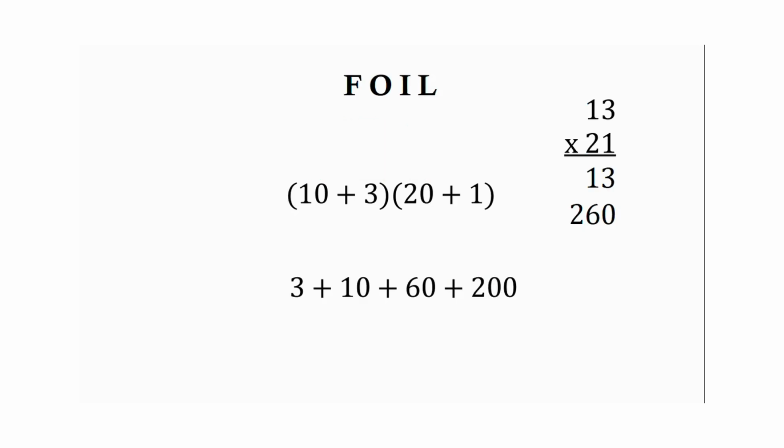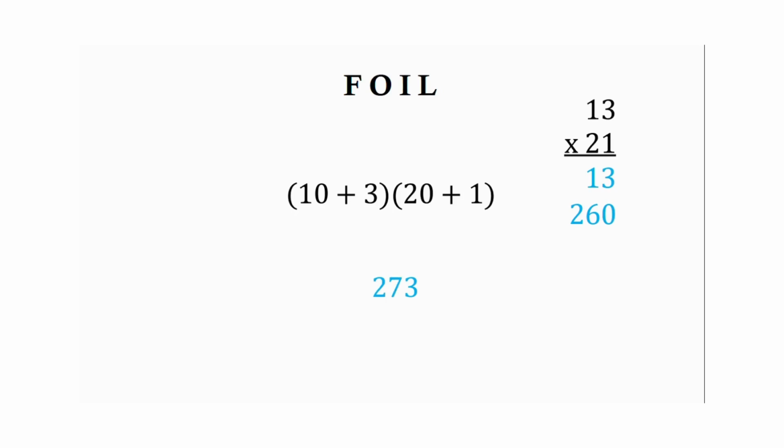And now we can combine down here. 60 plus 200 is 260, and 3 plus 10 is 13, and you should be seeing that these are the same thing. In both of them, we're at 13 plus 260.